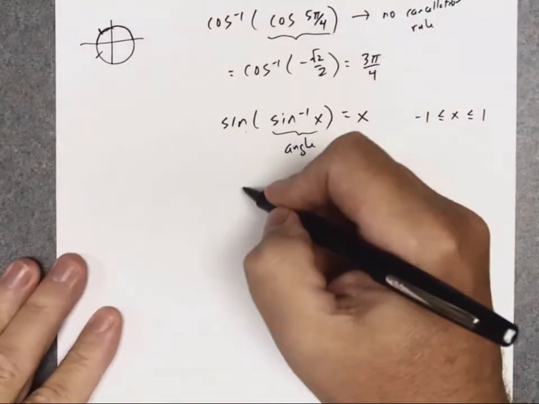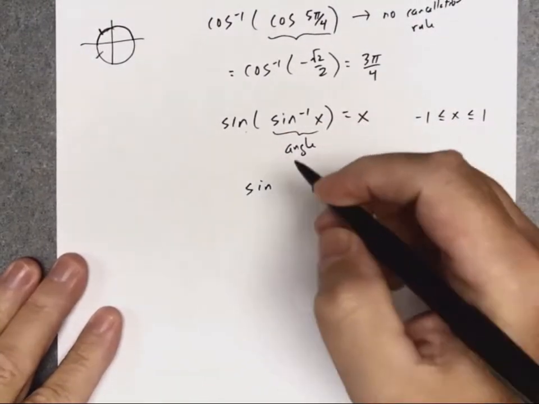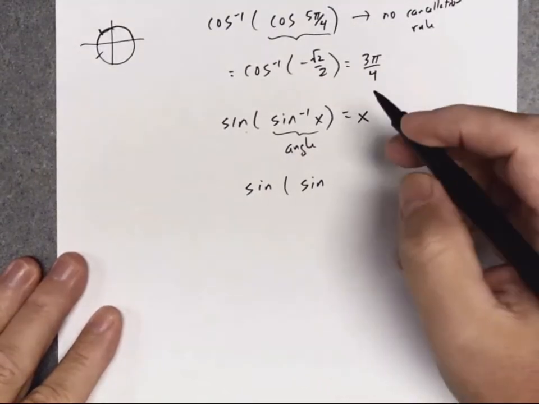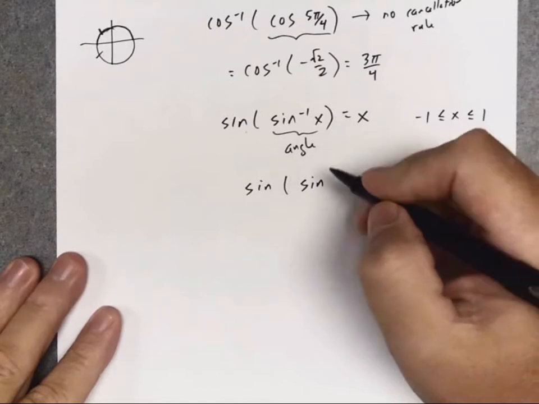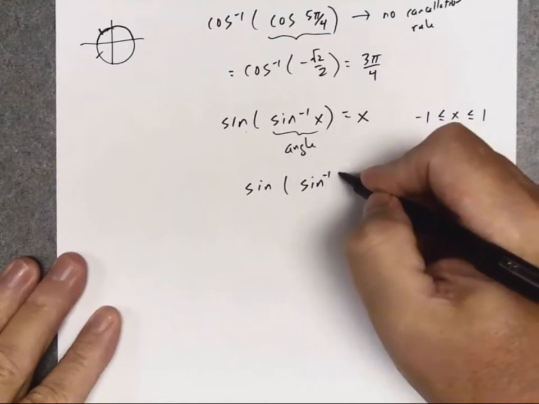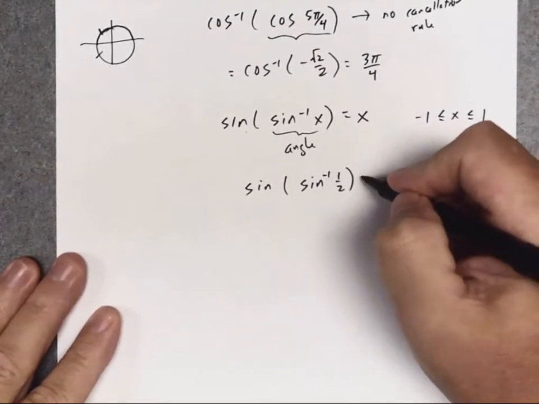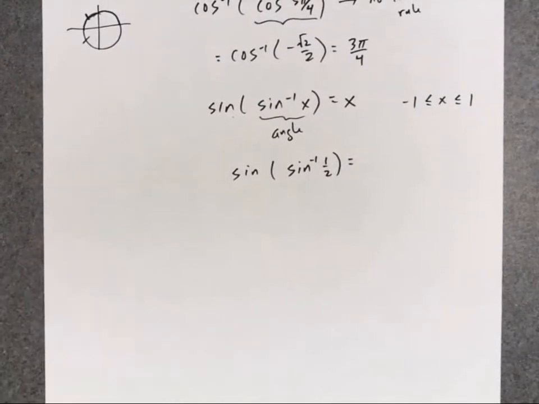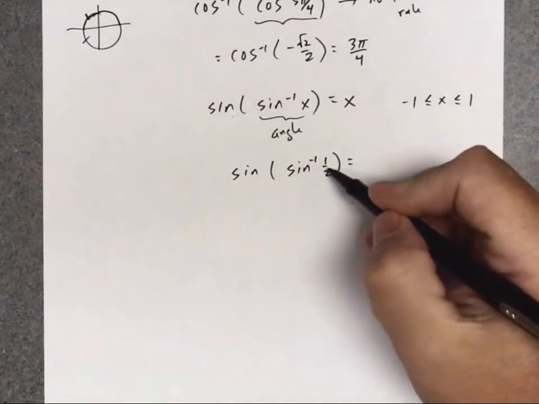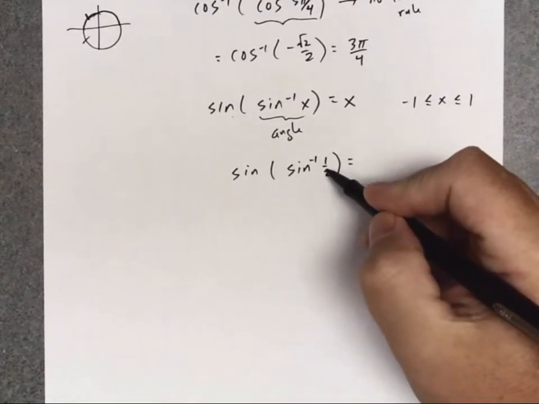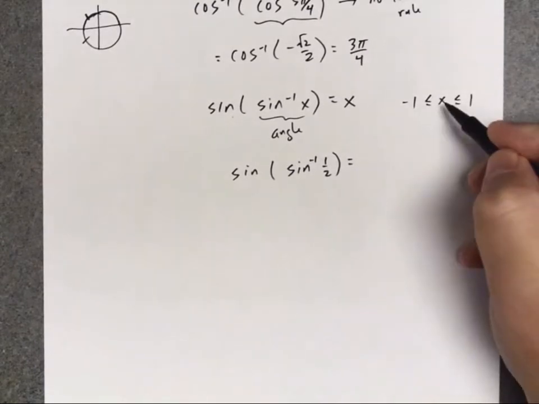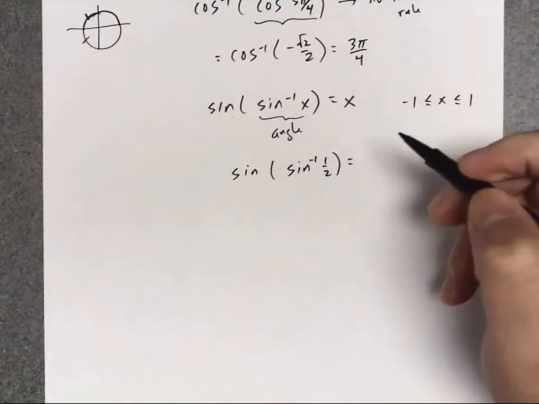So for instance, can we use the cancellation rule? You go in here, you look, you have 1/2, and you say we can use the cancellation rule if the x is between -1 and 1. It is.